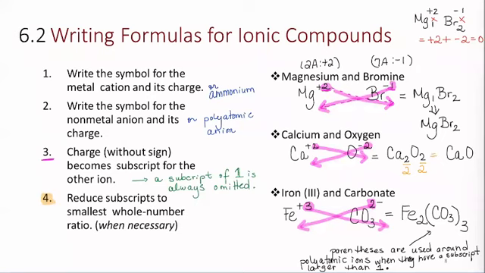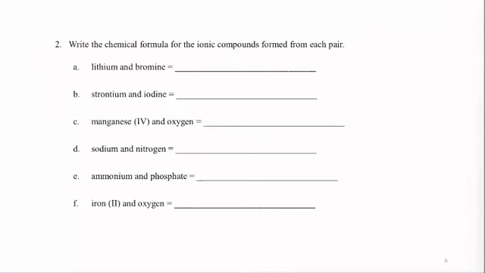There was a question in the chat. How do we determine the charge for the Roman numerals? In the exercise where I give you the components of the ionic compound and you give me the chemical formula, you can see that you have the Roman numeral given.